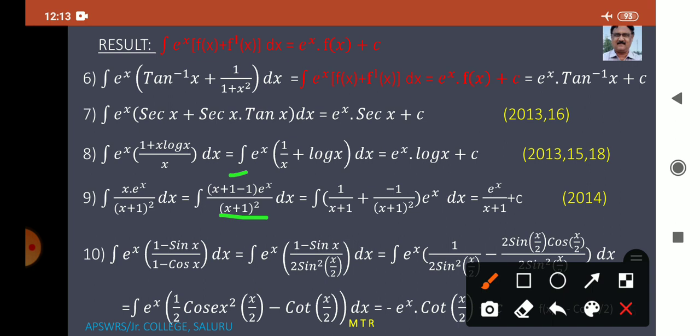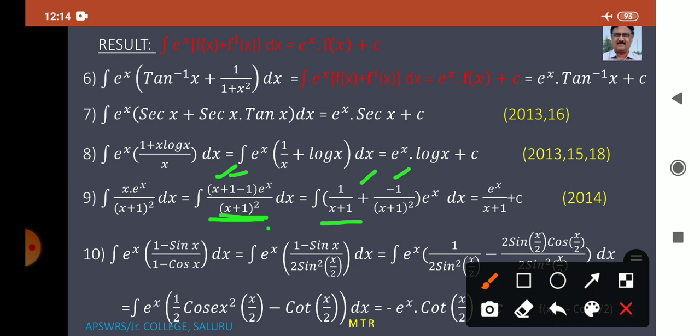The first is x plus 1 by (x plus 1) whole square, that means x plus 1 cancels, giving 1 by x plus 1. The second term is minus 1 by (x plus 1) whole square. So we get the integral of e power x into 1 by x plus 1 minus 1 by (x plus 1) whole square dx.